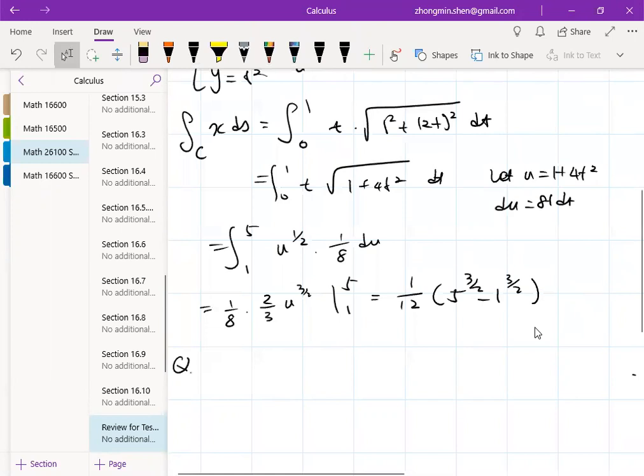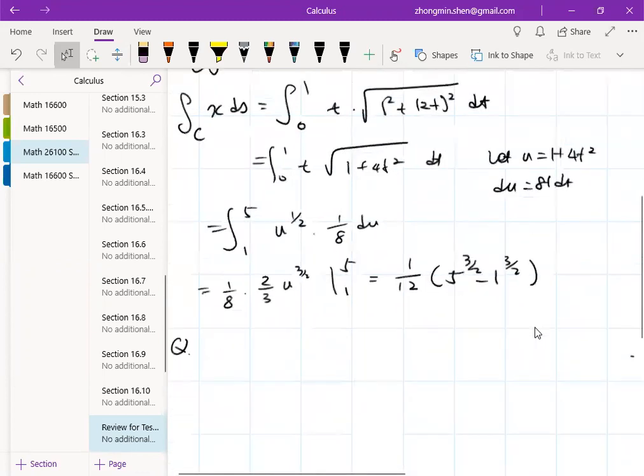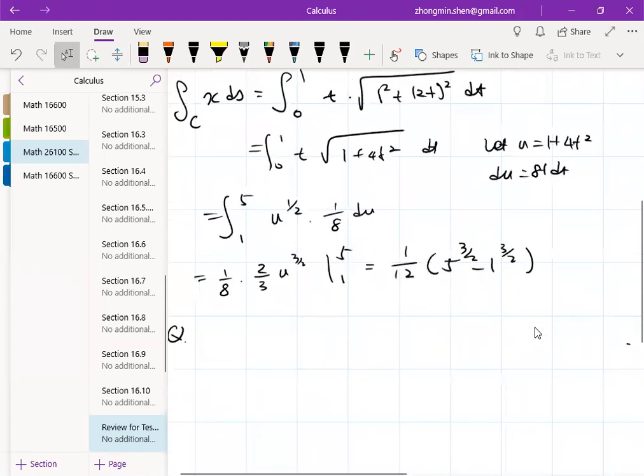If the curve is a closed curve, in that case you have two options: using Green's theorem to evaluate the line integral, or you can just use parameterization to evaluate directly by the formula I just mentioned above. The two options. It's hard to tell which one is better.